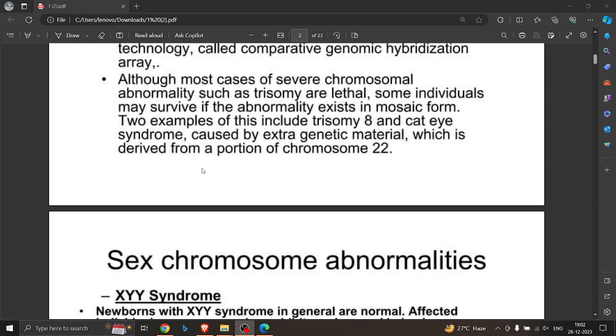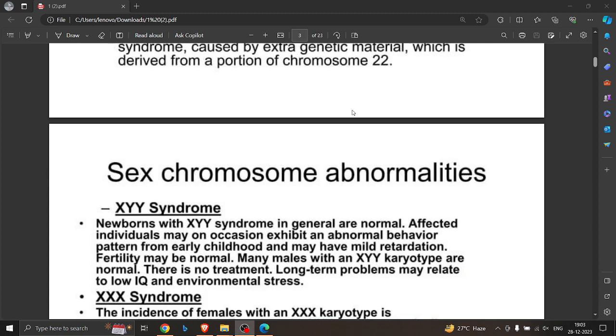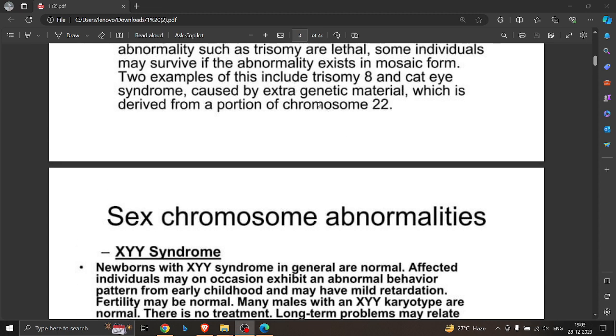Although most severe chromosomal abnormalities such as trisomy are lethal, some individuals may survive if the abnormality exists in mosaic form. Examples include trisomy, and cat eye syndrome, which is caused by extra material derived from a portion of chromosome 22.